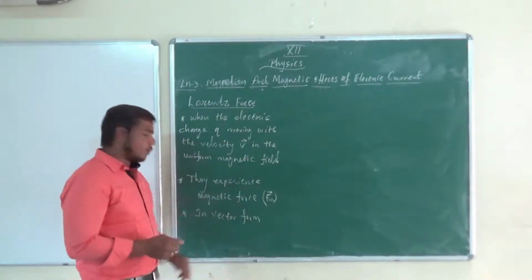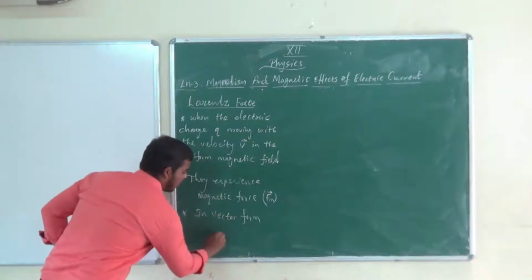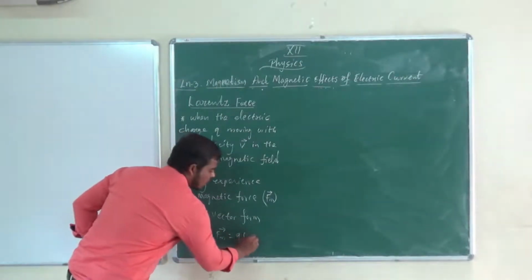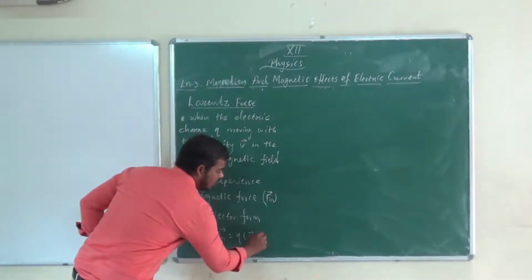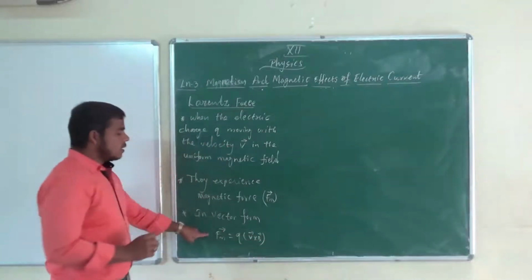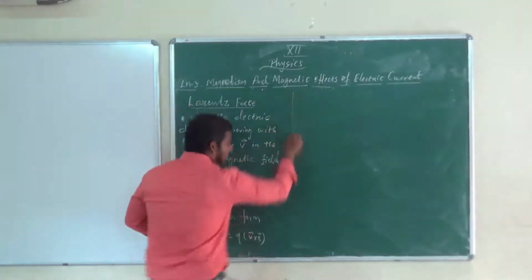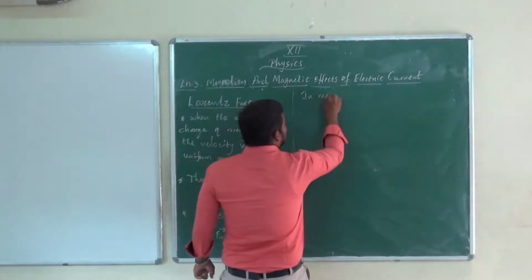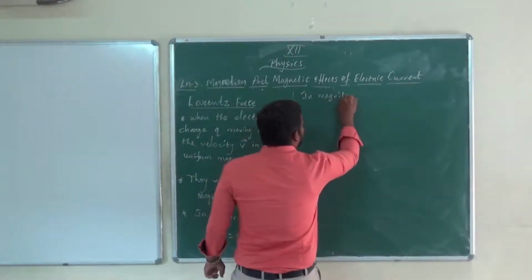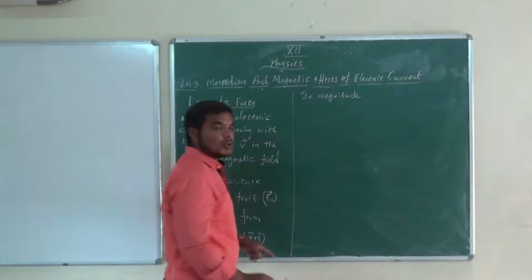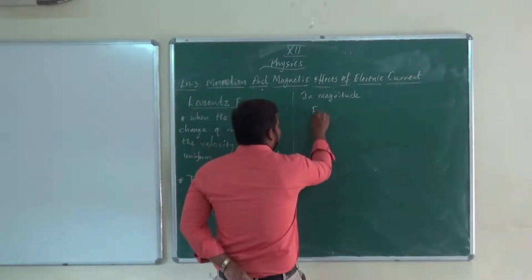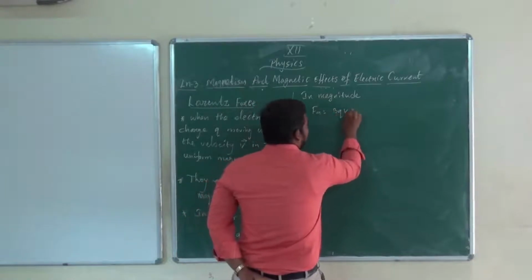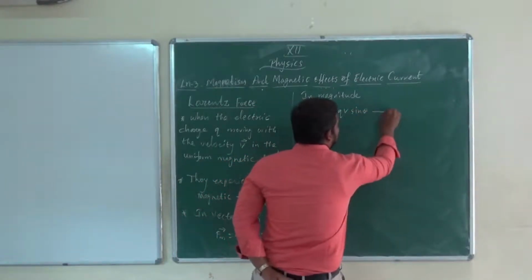The magnetic force in vector form is represented by F = Q V vector cross B vector. In magnitude, Fm, the magnetic Lorentz force, is BQV sin theta. This is equation number 1.